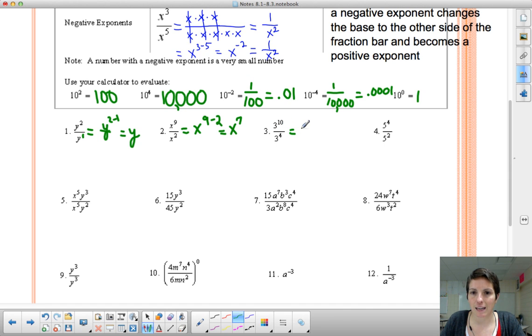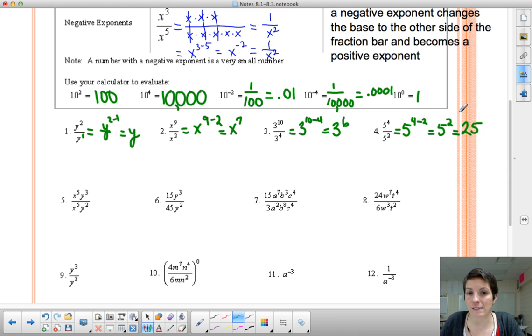All right, keep our base of 3, and to the 10 minus 4, so that's really 3 to the 6th power, and that's one that we can just leave as a number. 5 to the 4 minus 2 exponent, so that's really 5 squared. That's one that we cannot leave, so we have to change that to 25.